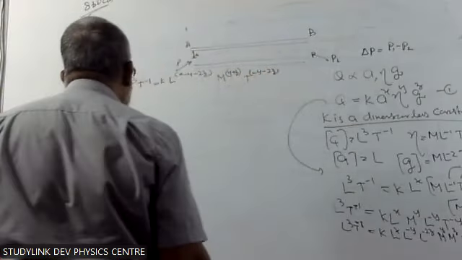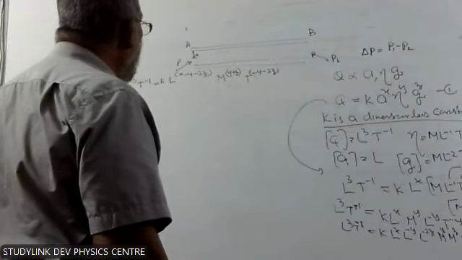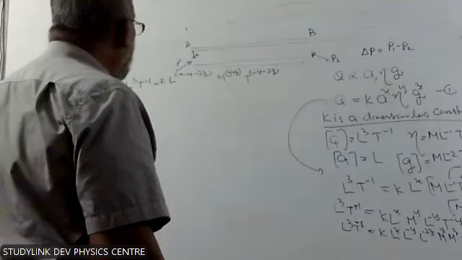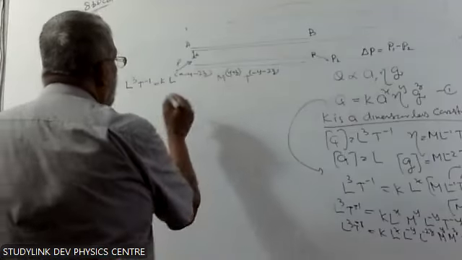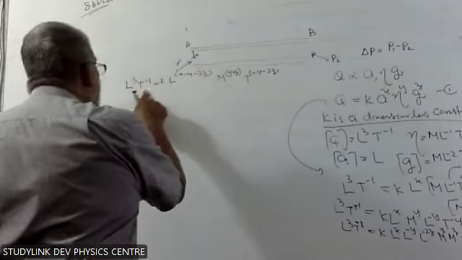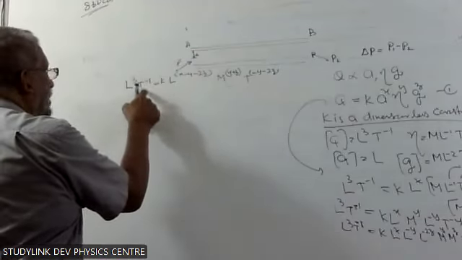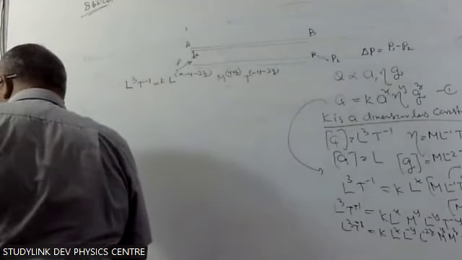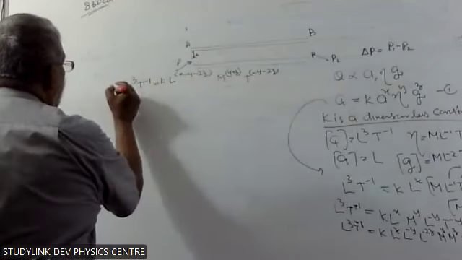Power. Normally we have to equate the powers. Here M is not there. M is not there means it is M to the power 0.